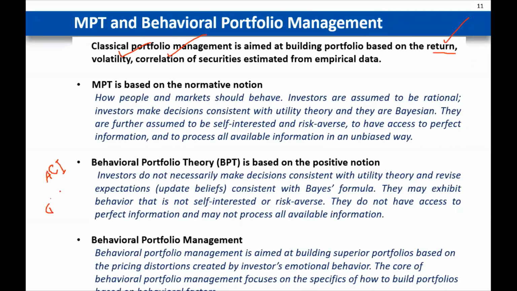You will not invest in ACI because they have not provided good return. But let's assume that people have become very pessimistic about the prospect of ACI. What will happen? ACI price will go down.